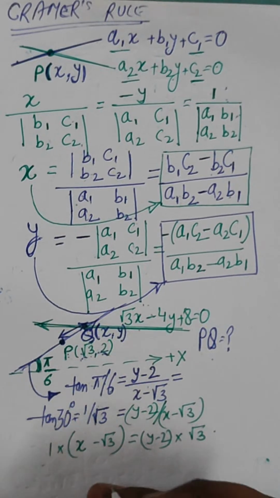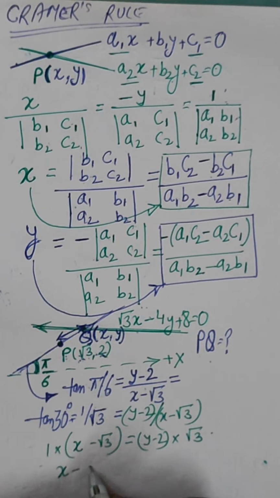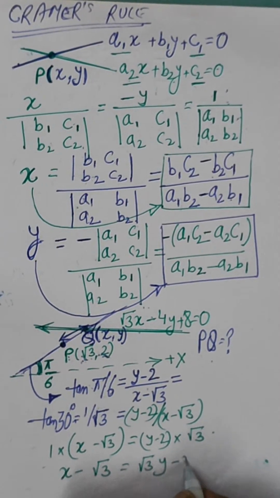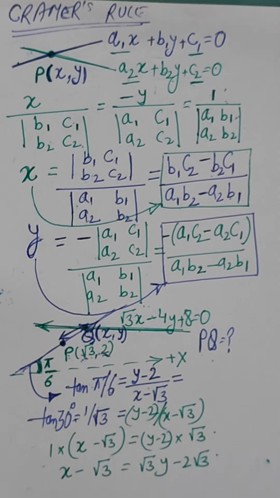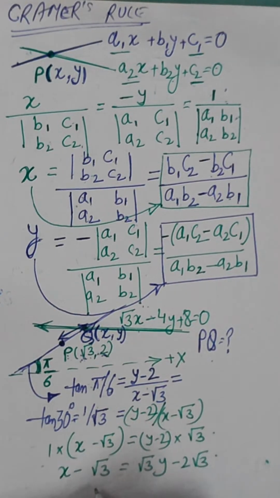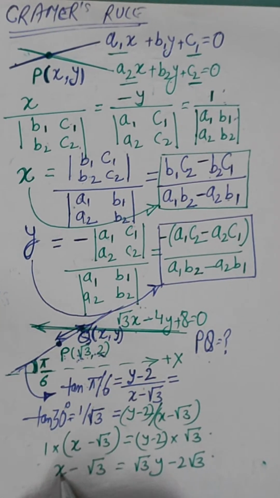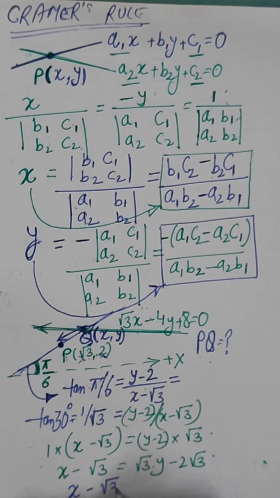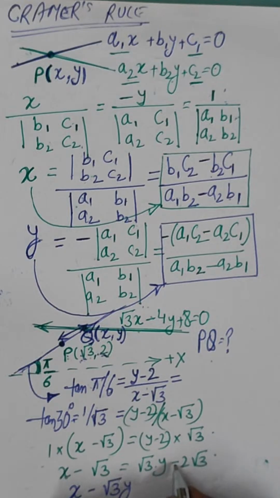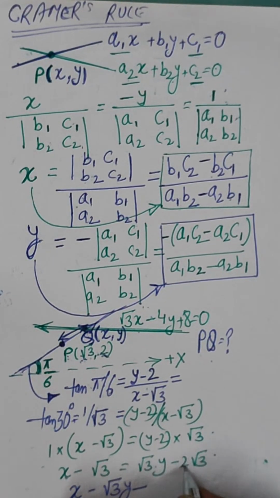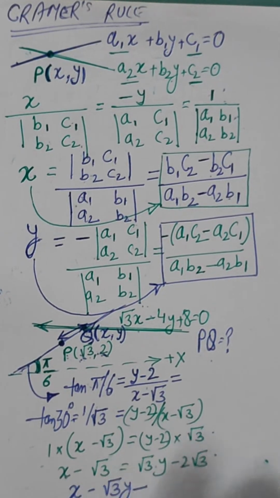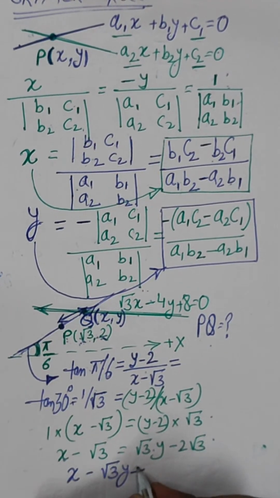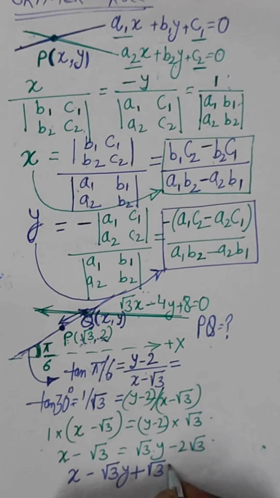So this will give you x minus root 3 is equal to root 3y minus 2 root 3, and when you further solve it, it will be x minus root 3y, this minus 2 root 3 coming into the LHS, right? So this will be plus 2 root 3 and minus root 3. This will be plus root 3, right?